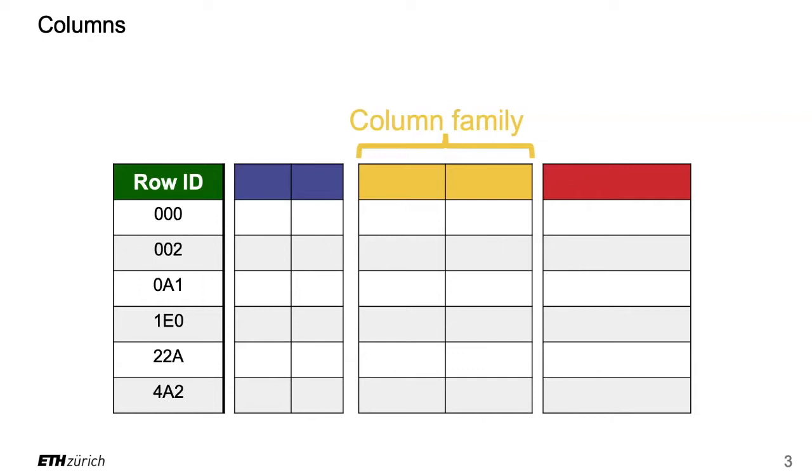just to recap, in a wide column store, the high-level model is that we have plenty of rows that are identified with a row ID, in sorted order, the row IDs in ascending order, and then the columns are organized in column families, right? And within the column families, there are columns. The columns can be created on the fly without any performance impact.